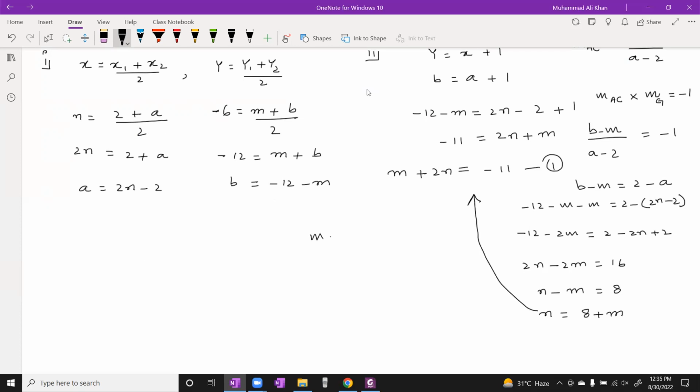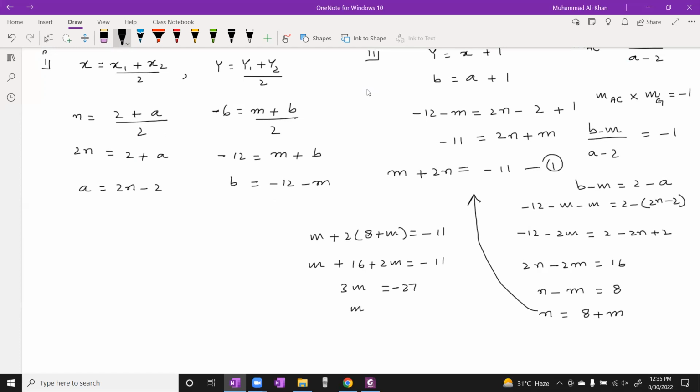So m plus twice 8 plus m equals minus 11. m plus 16 plus 2m equals minus 11. 2m plus m is 3m. 16 plus 11 will be 27 with minus sign.